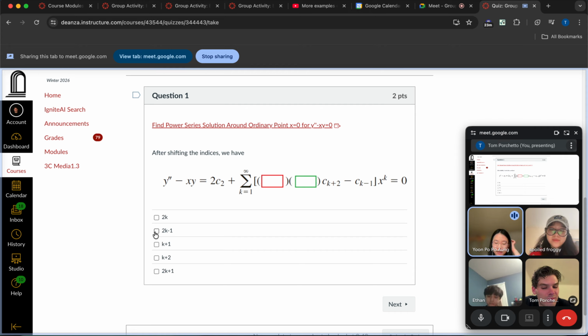So that will be 2c2 plus the summation of k equal to 1 going to infinity of (k plus 2 times k plus 1 times c(k plus 2) minus c(k minus 1)) times x to the power k, equal to 0.